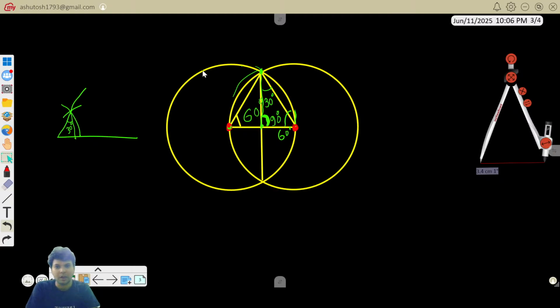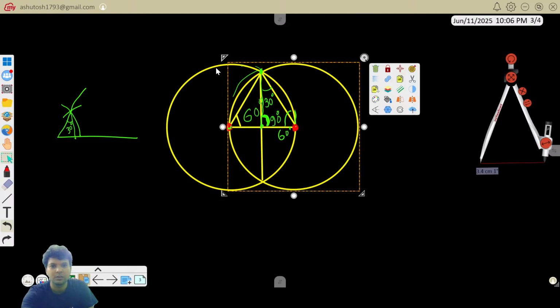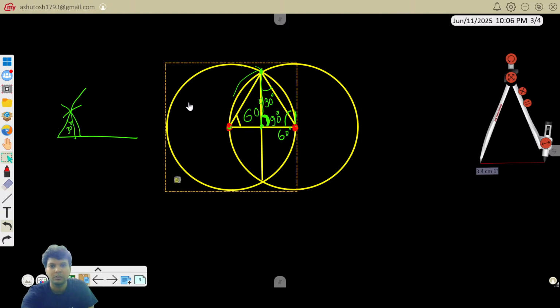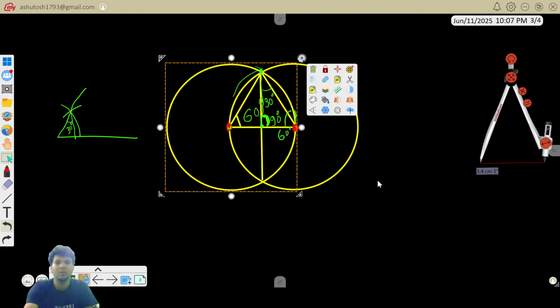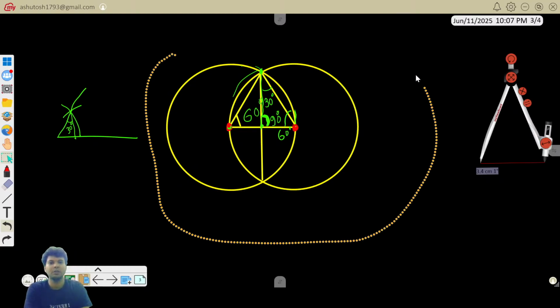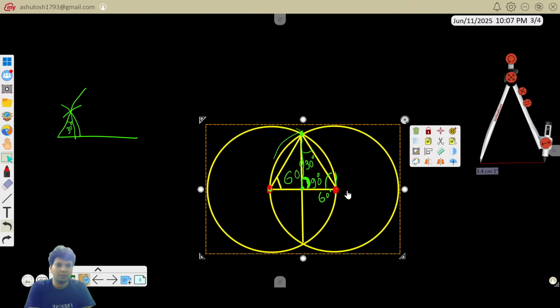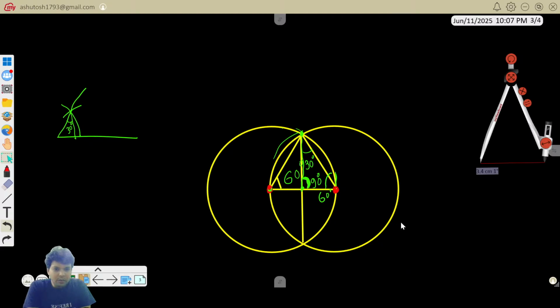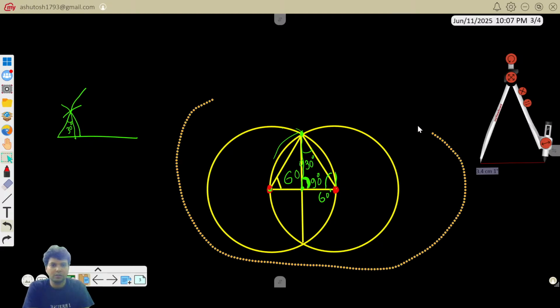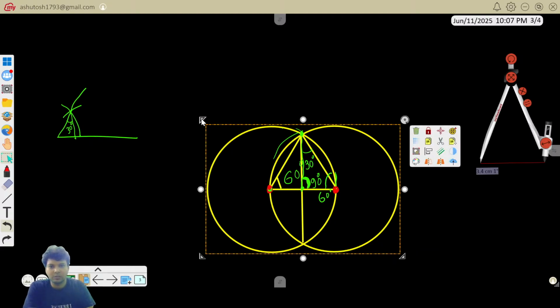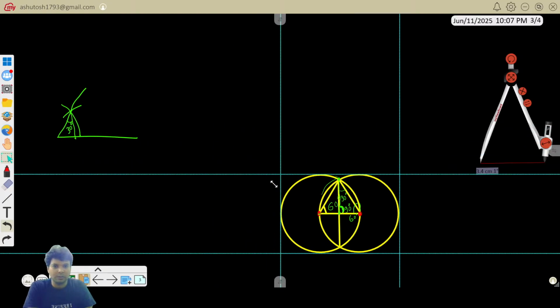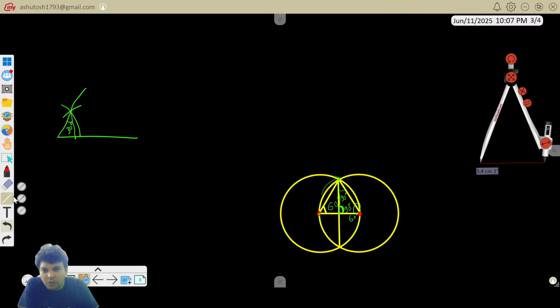I don't know why this is happening. Okay, that was a problem. It is resolved, and we will take this a bit lower. Okay, reduce the size a bit. What we are going to do now is we extend this line.